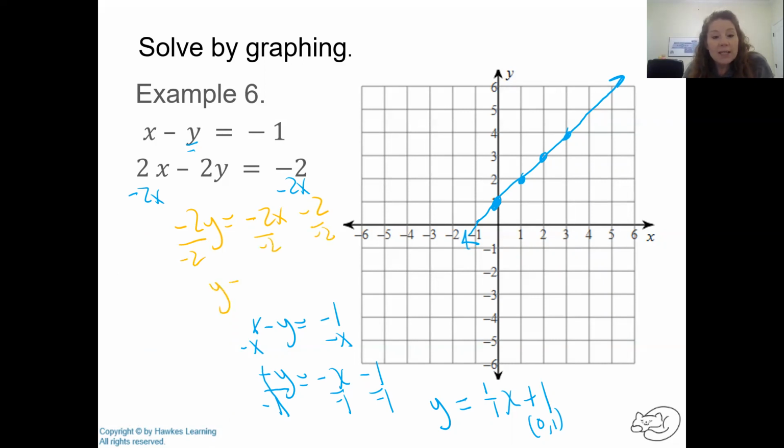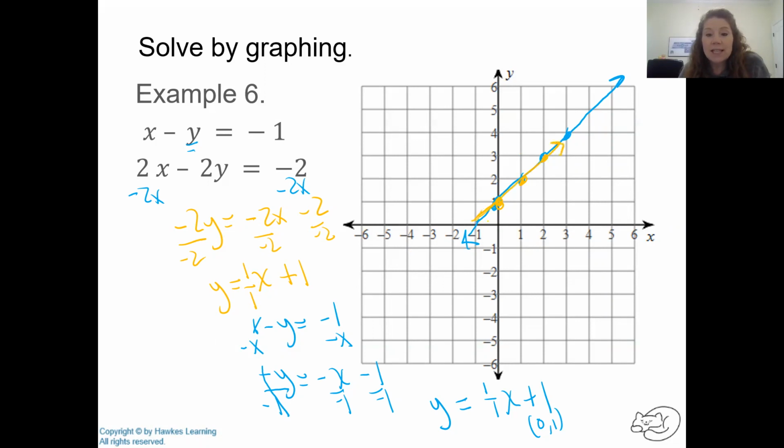So I have y equals -2 divided by -2 is +1. 1 times x is x. If I want to make that a fraction, I'd use 1 over 1. And then -2 divided by -2 is +1. So guess what, guys? We get the same line, don't we? 0, 1 is my y-intercept, up 1, right 1, up 1, right 1. And I could just keep on doing that.